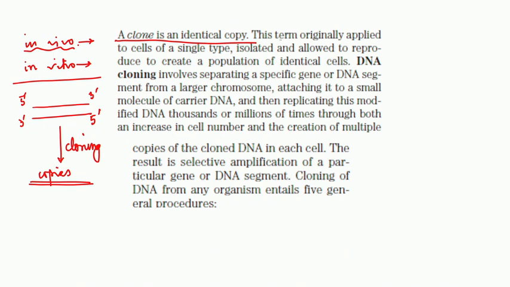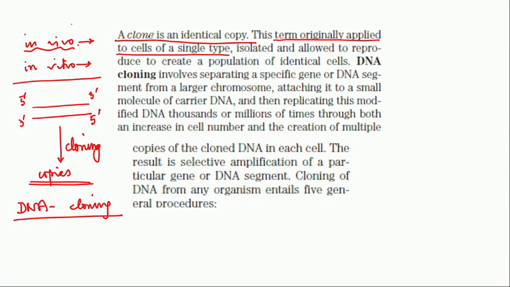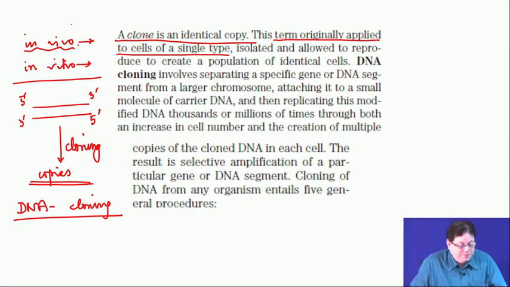Now, this can be applied to a cell also, that if you have one particular cell and you make copies of that cell, that is also cloning, but that is cloning of the cells. If I say DNA cloning, then basically you are talking about multiplying or amplification of a piece of DNA, that is what is called DNA cloning. So, we are talking about DNA cloning in this case.